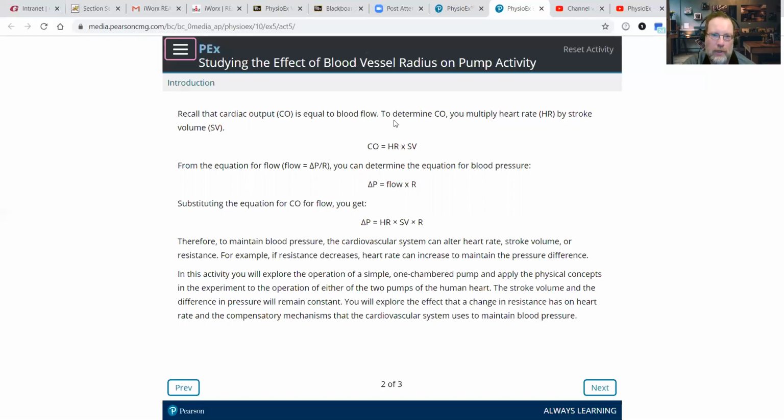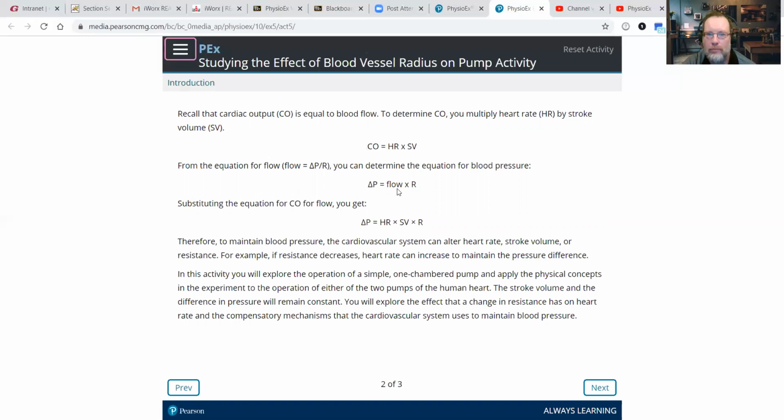So we multiply beats per minute times the volume ejected per contraction, and that gives us how much blood, in milliliters per minute, the heart is pumping. Also known as blood flow.